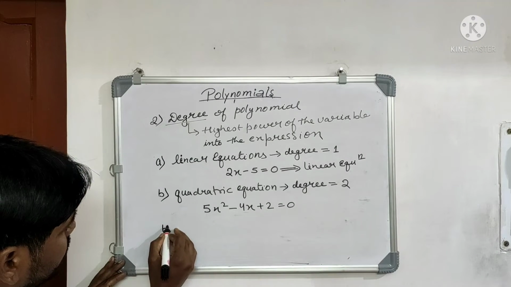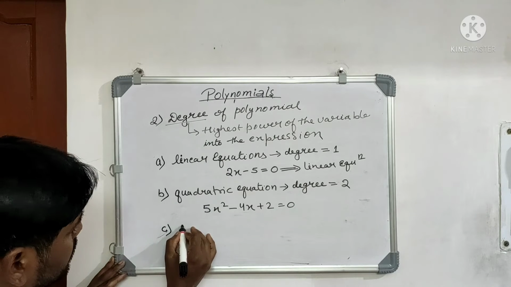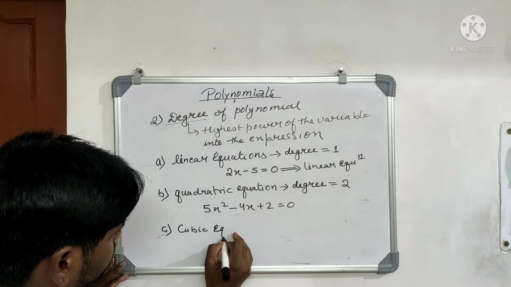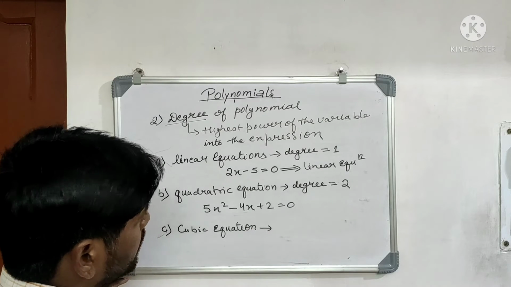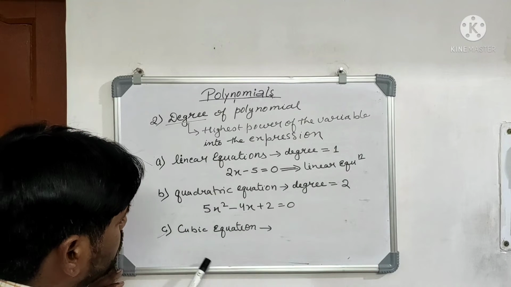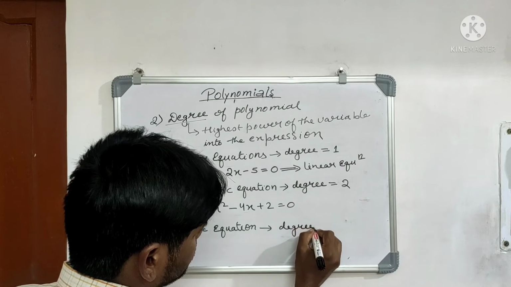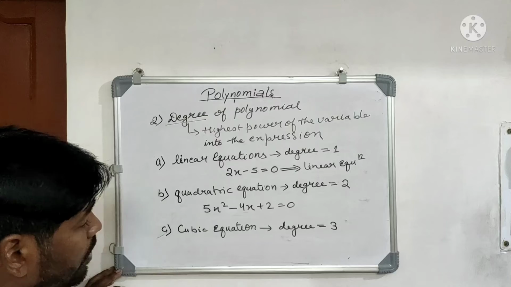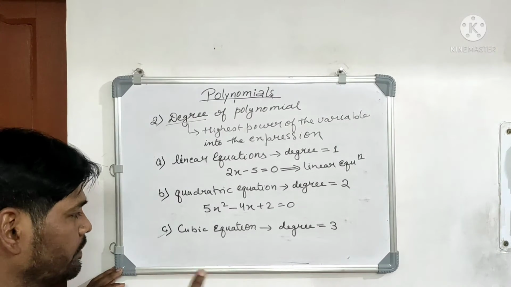The third set of division under this category is known as the cubic equation. Similarly, in linear the degree is equal to 1, quadratic degree is equal to 2, so likewise in cubic the degree will be equal to 3. That means the highest power of the variable in that equation will be equal to 3.